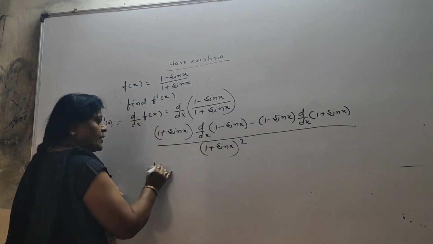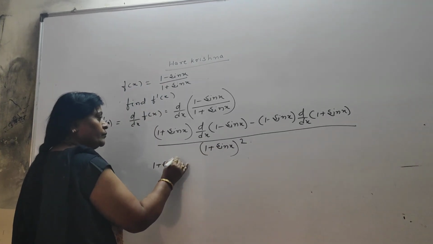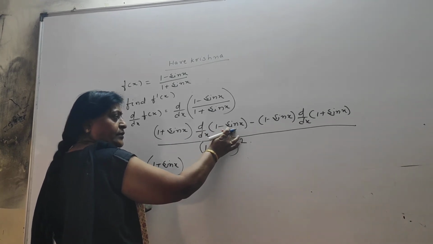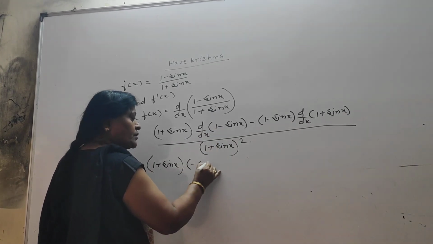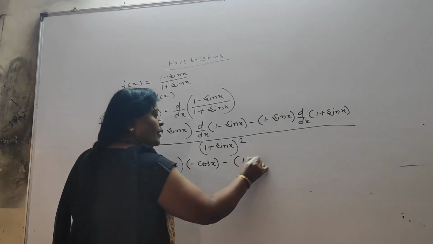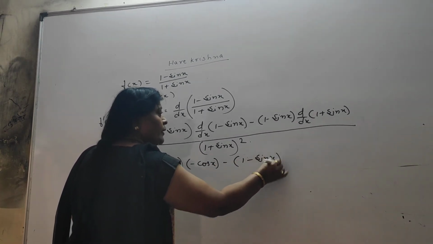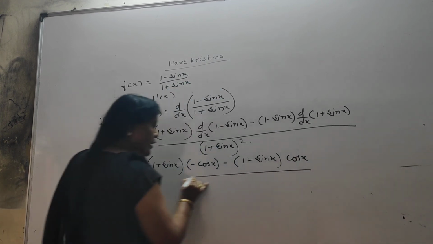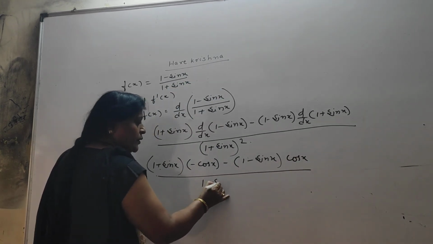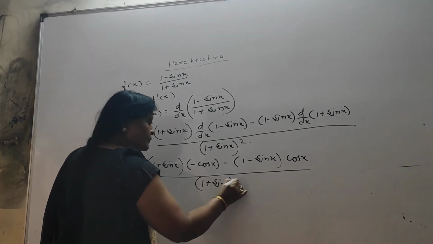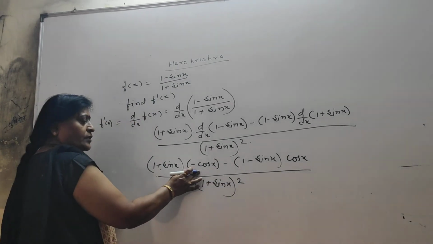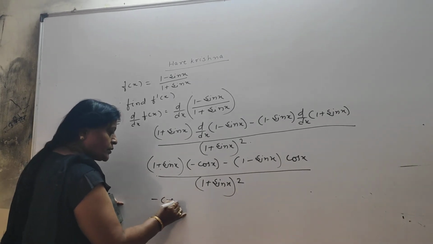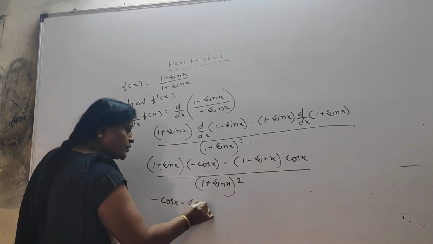Here 1 plus sin x, the derivative of 1 is 0, the derivative of sin x is cos x, so minus cos x, and minus 1 minus sin x remains as it is. Again the derivative of 1 plus sin x is cos x, divided by 1 plus sin x whole square. Here again multiply with minus cos x to this bracket and open the bracket. 1 into minus cos x minus sin x cos x.